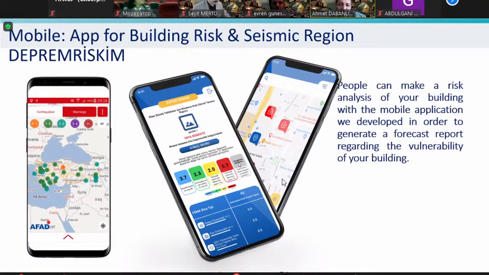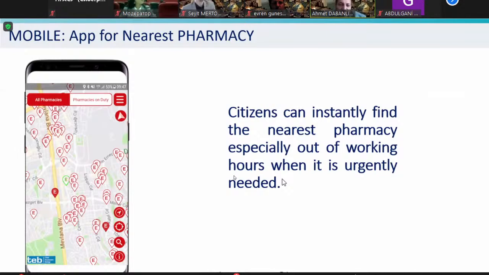So you can see the status of your building or someone else's building in case of an earthquake. The vulnerability risk can be calculated.